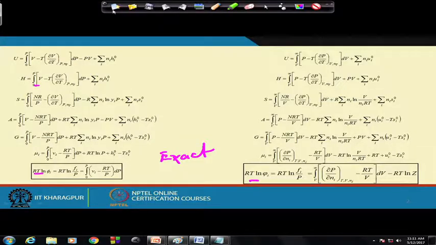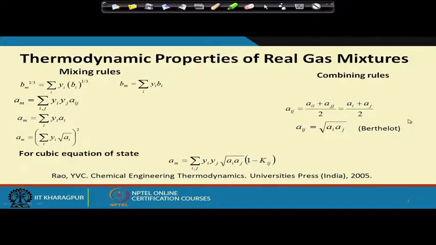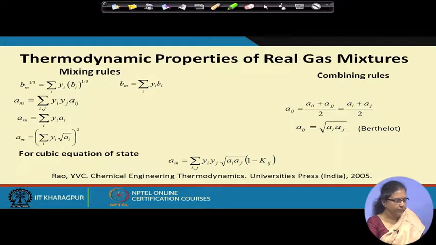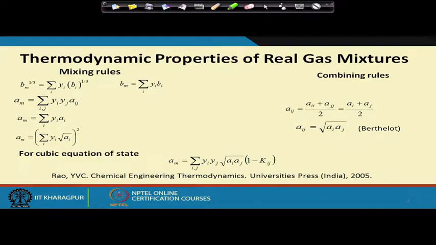Now, in this particular respect, I would like to mention that in reality, if we really have to find out the mixture properties from the pure component properties, we need to have a proper idea of the molecular considerations.